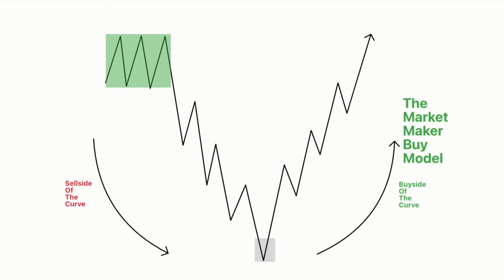So to begin with the market maker model explanation, we're going to take a look at the market maker buy model first. As you can see, we have an original consolidation up here, showcased by this green box. What occurs in here is the following. The market is consolidating. It's engineering buy-side liquidity above these highs. The reason why it's buy-side liquidity that's being engineered is because retail-minded traders will look at this move lower through the following perspective.